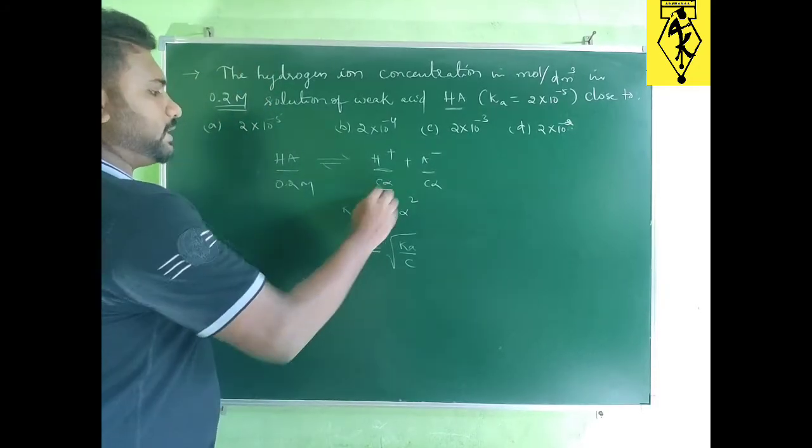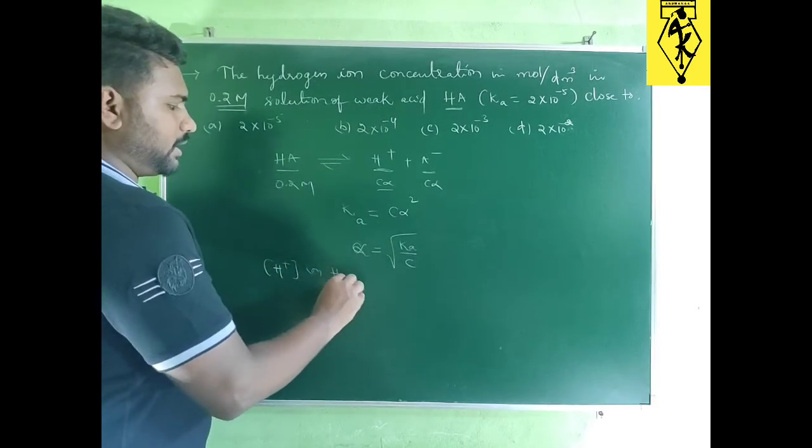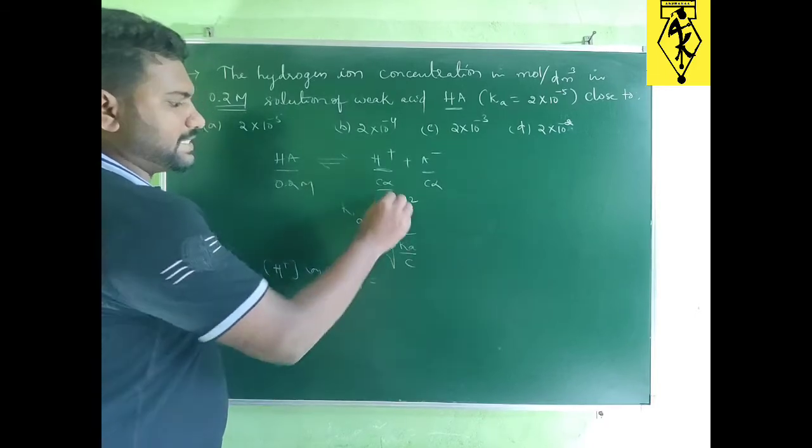Then how to calculate the concentration of H plus or H3O plus? What is that formula? C alpha.